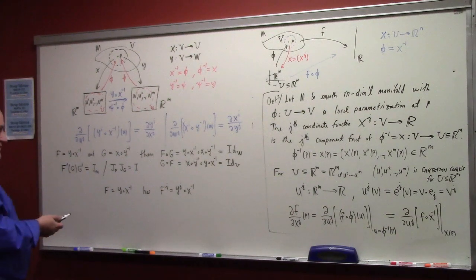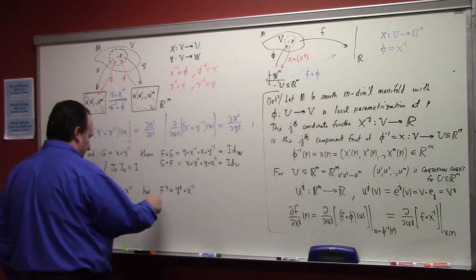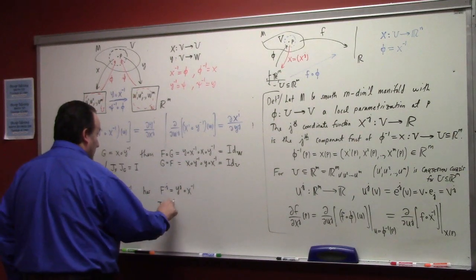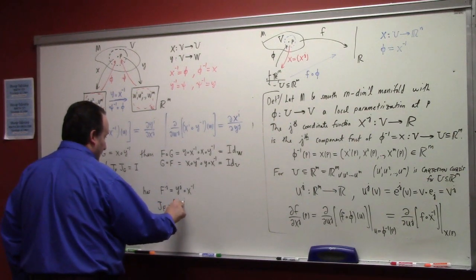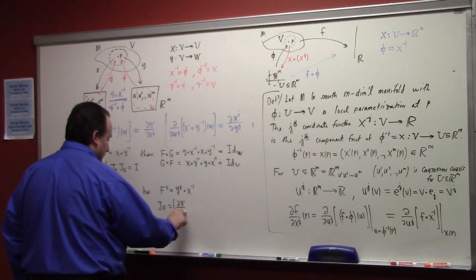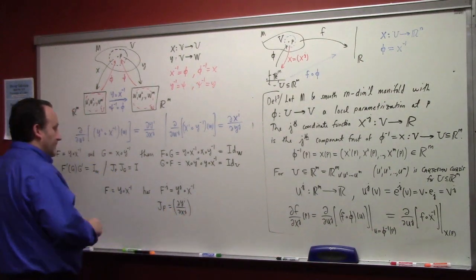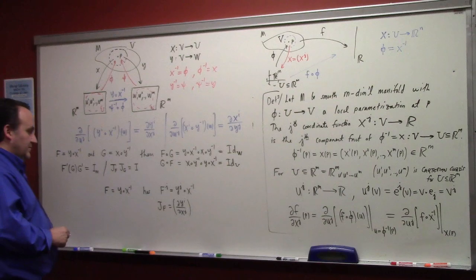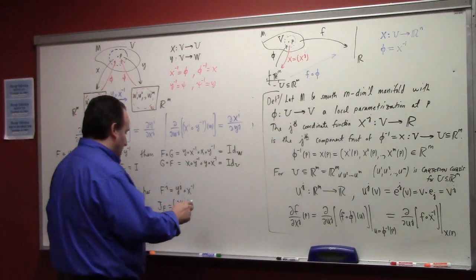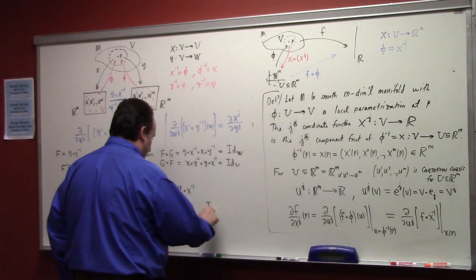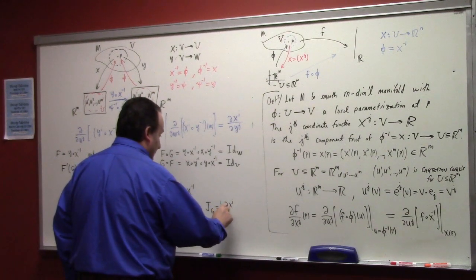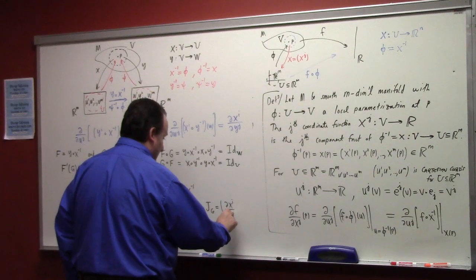So my larger point is that the Jacobian of f is literally this thing. And likewise, the Jacobian of g is the matrix that has these guys as components.